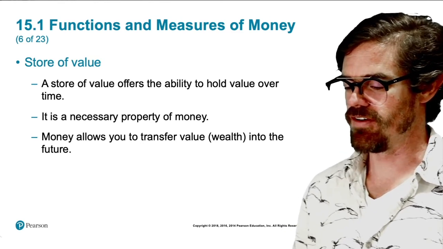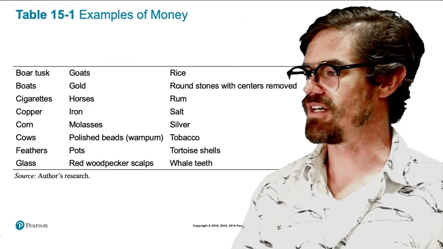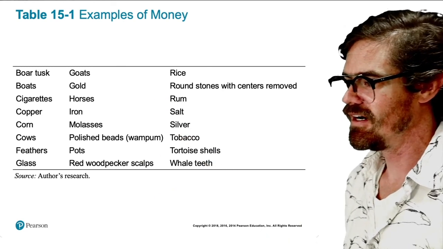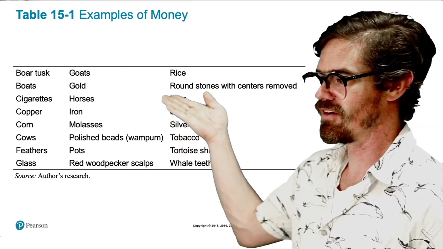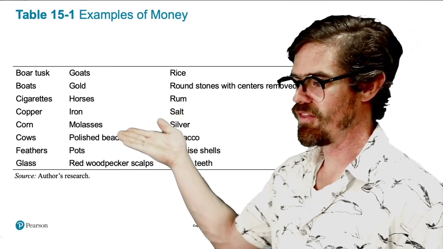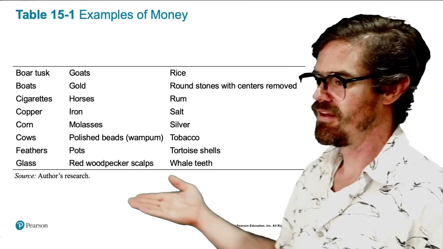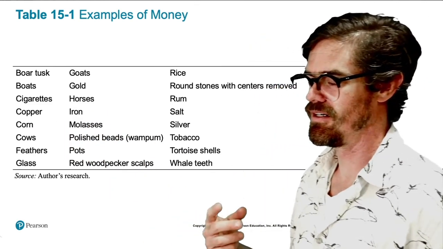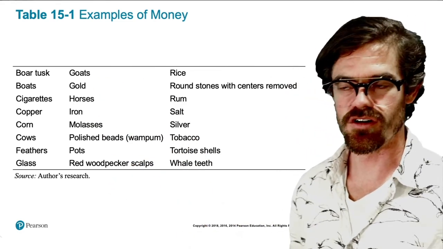And so, in fact, if we went back to this list of different types of things that have been money, you can see that most of them, I think all of them, are things that don't degrade and deteriorate, except for maybe corn, although maybe that's dried corn. But basically all of these things can be stored for long periods of time.